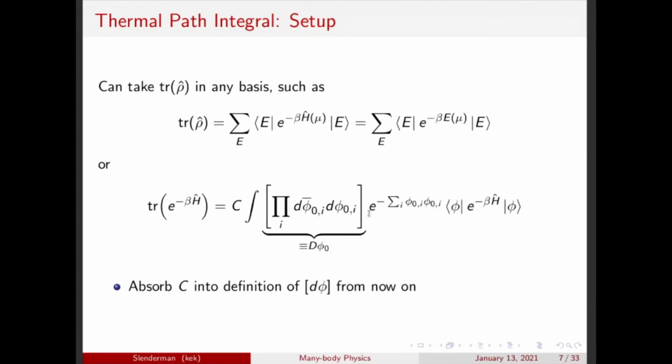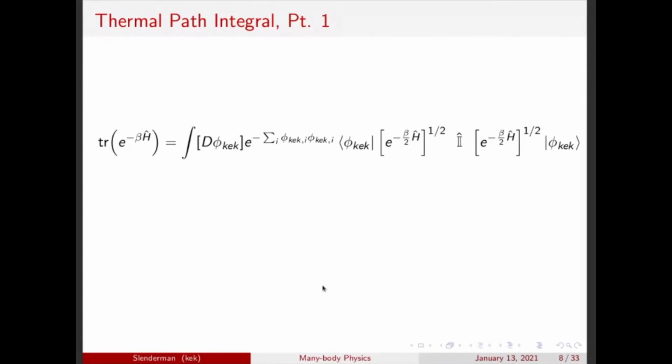So this term, again, is to take care of the overlap between coherent states. And here are the matrix elements appearing in evaluating this trace of the thermal density matrix. I'm going to absorb this constant C into the definition of the measure from now on. Okay, so what follows is a fairly technical derivation. I'll have a reference for the derivation soon. It's again this textbook by Altland and Simons.